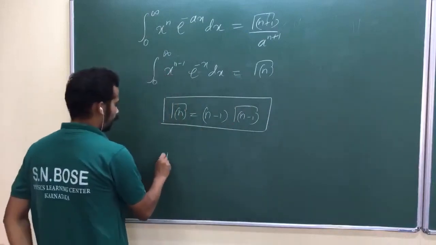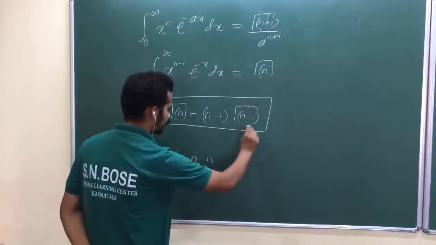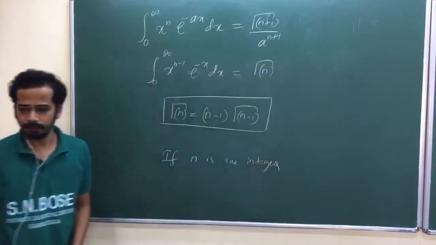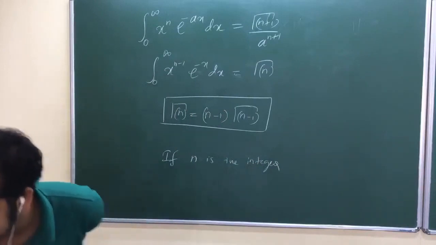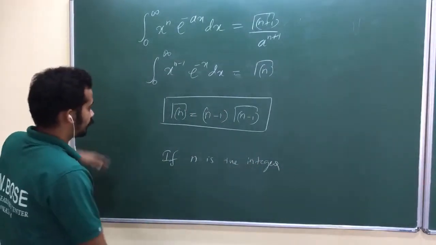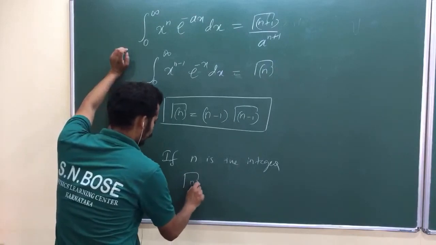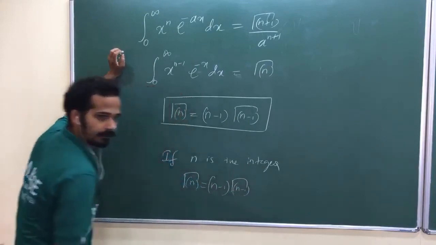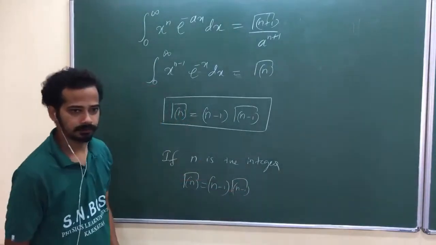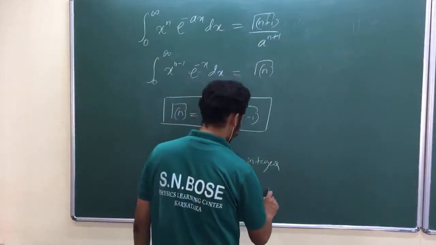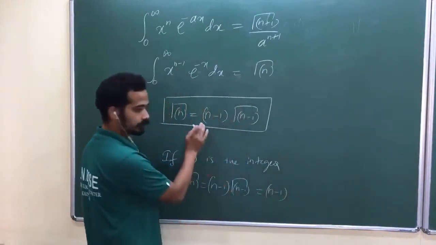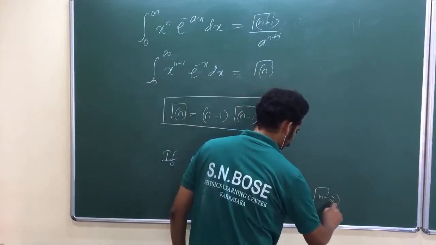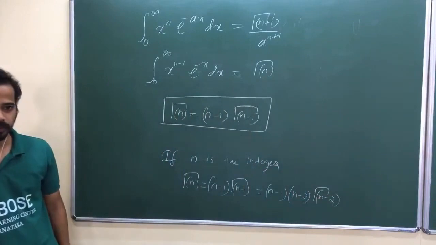Now, if n is a positive integer, gamma of n I will write as n minus 1 times gamma of n minus 1. Again I apply the same rule for gamma of n minus 1: it is n minus 2 times gamma of n minus 2.